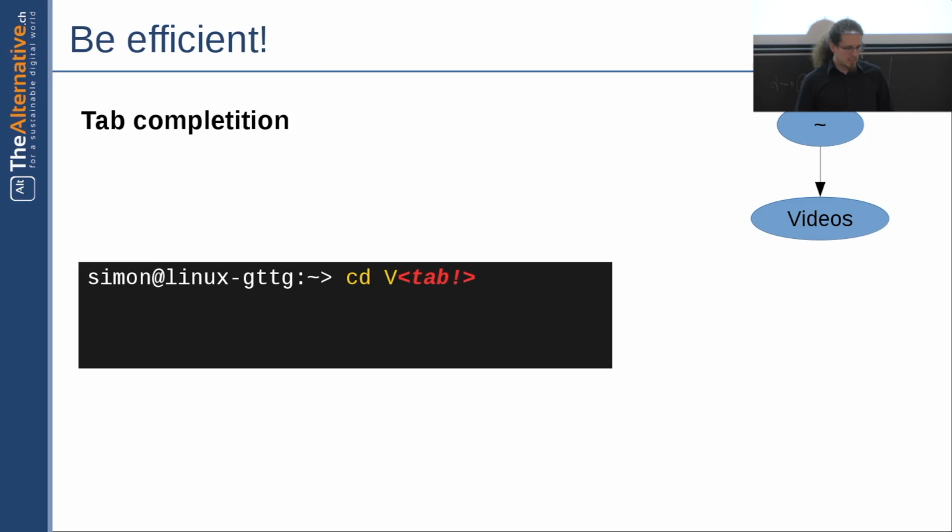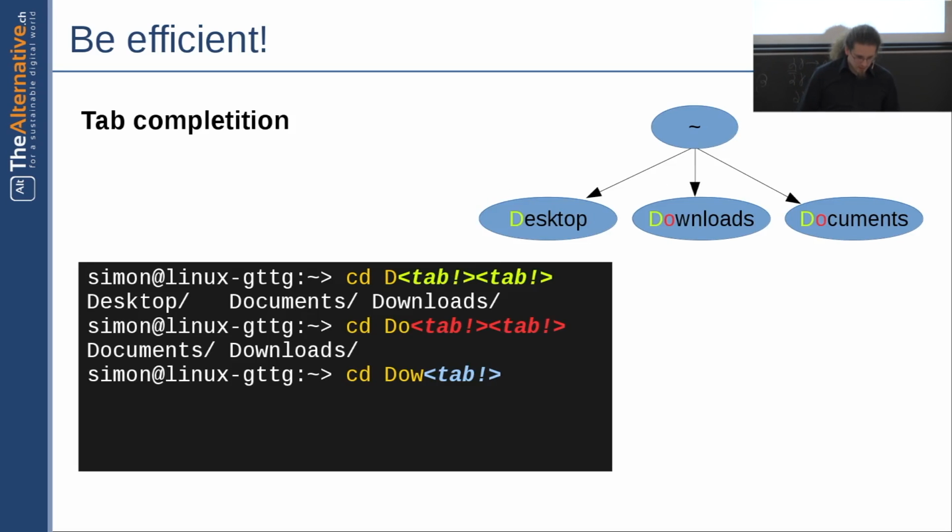If you were typing something, if it's a command or a file name or something like that, you can hit the tab on your keyboard, and the interpreter will try to suggest useful completions. So this works like this. If you want to change from your home directory to, say, Desktop, you can type cd and then a capital D and press tab, and then it will suggest completions.